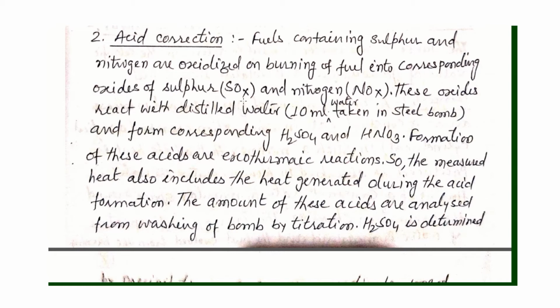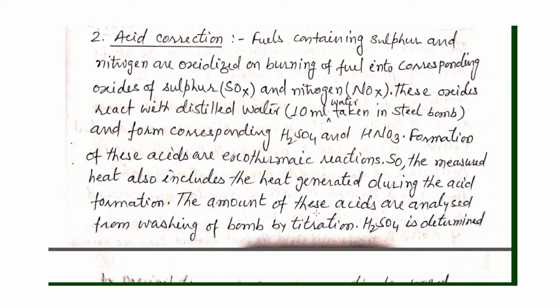These oxides, specifically sulfur oxides and nitrogen oxides, react with distilled water to make the corresponding sulfuric and nitric acid. Formation of these acids is an exothermic reaction, so the measured heat also includes the heat generated during acid formation.